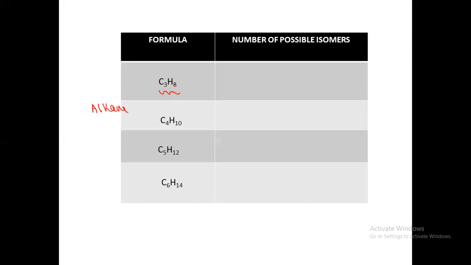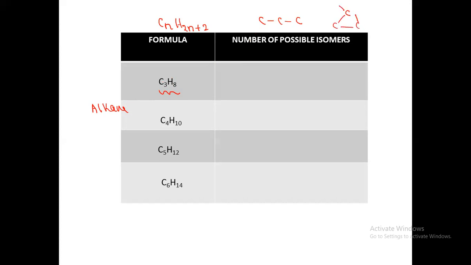Okay, so C3H8, we know all these fit into the formula CnH2n+2. The first alkane is given with 3 carbons. You can arrange 3 carbons in 2 different ways, either 3 continuous or 3 closed in a ring.